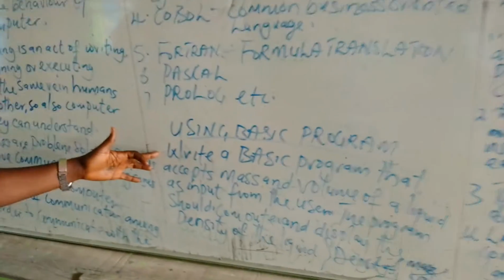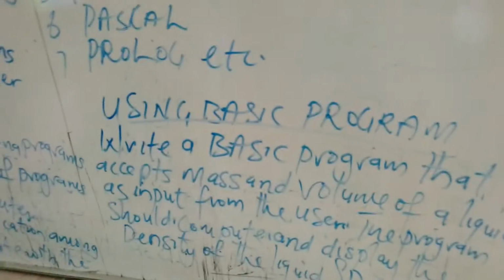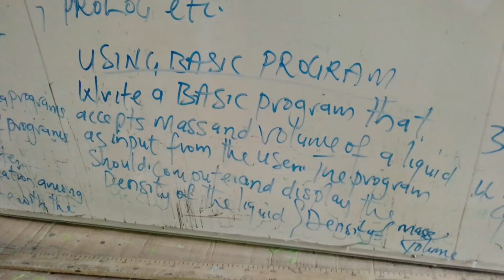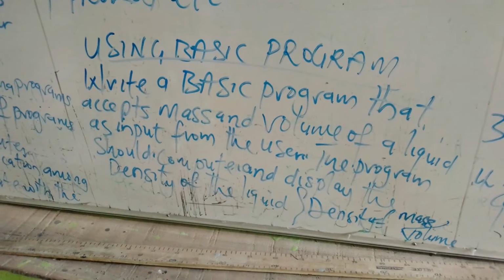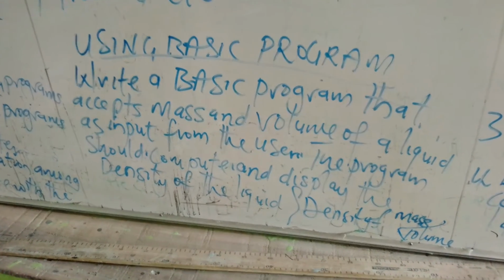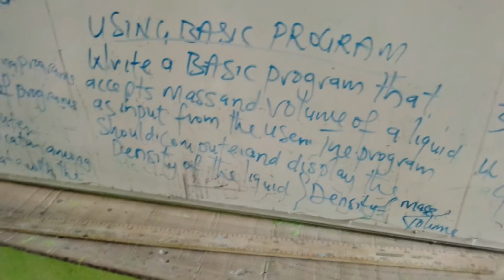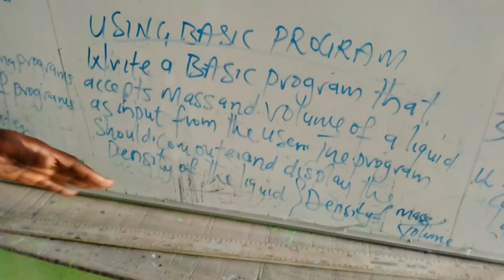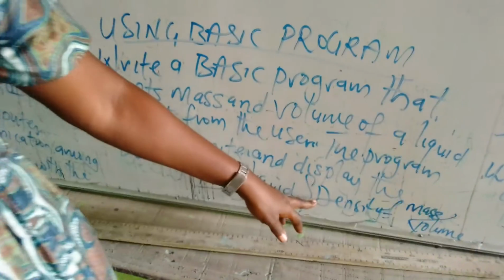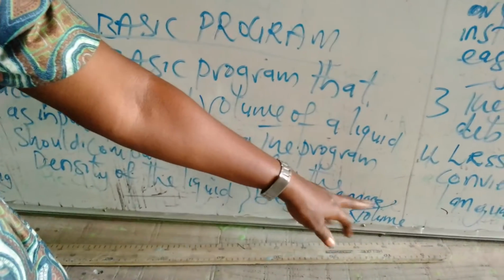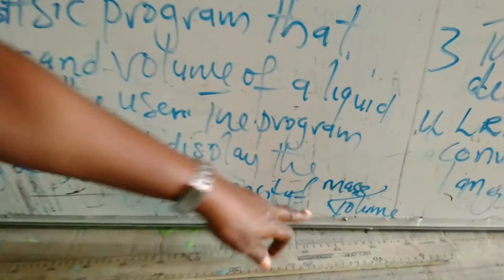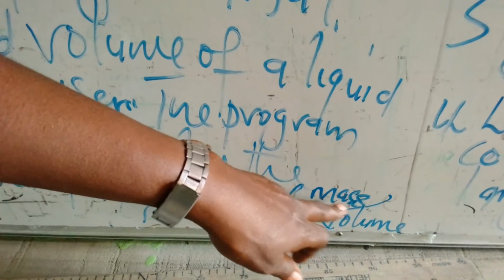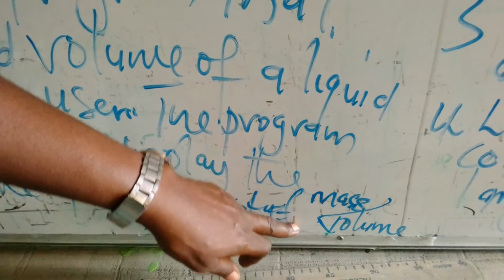The question says, write a BASIC program that accepts the mass and volume of a liquid as input from the user. The program should compute and display the density of the liquid. Now, as individuals, we know that density is equal to what? Mass over volume. If you are calculating the density of a liquid, you must have the formula as mass over volume.